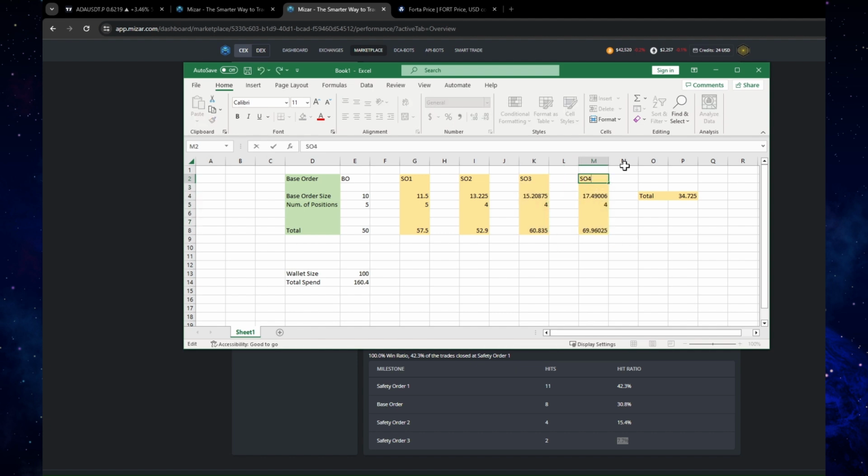And let's do the math real fast. So let's say the first safety order is filled, all 5. Second one, all 5. Third one, let's say 4, and the 4th one maybe just 2. Okay, that to me is realistic. Per position, I would need to add this plus this.